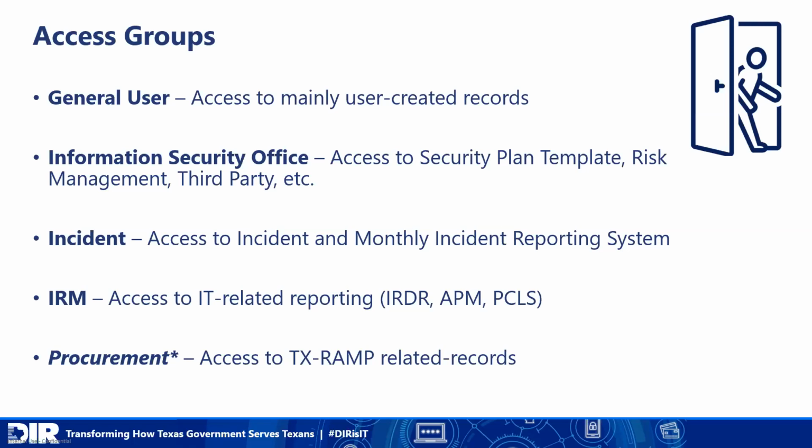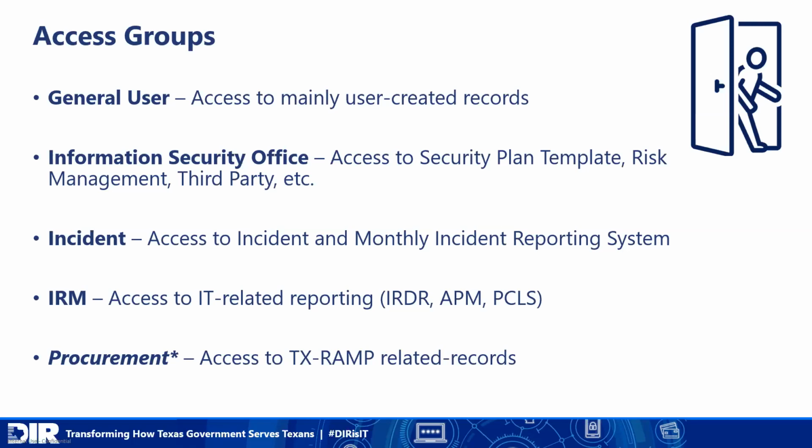The next one is the Information Security Office, and this is access to the security related solutions or applications. So security plan template, your risk management, your risk assessments, the third-party solution, and so on. And then the incident group, which limits to just the incident and monthly incident reporting systems. And then the IRM group is for the IT-related reporting side of the house.